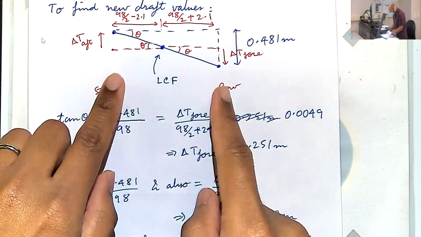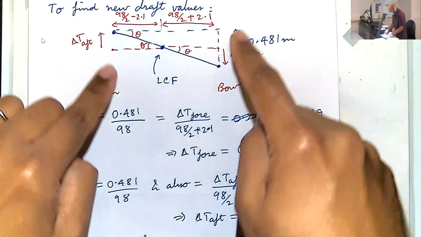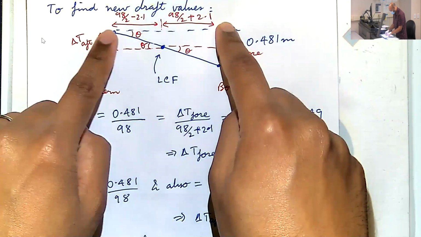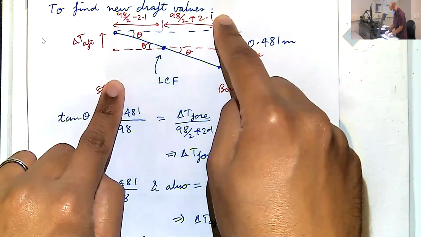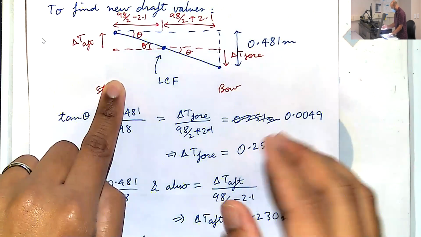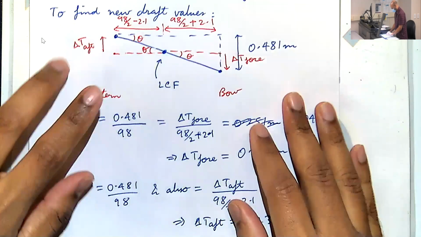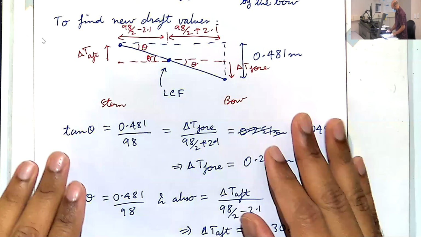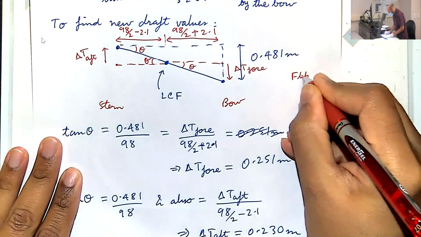I think I drew the graph incorrectly. Yeah, it should be pointing up, right? We moved it to the front, so the change in water line here should be positive. Change in water line here should be negative. Yeah, you're right. So I drew this triangle the opposite way. It should be flipped like this. Just make a note of that. Flip upside down.